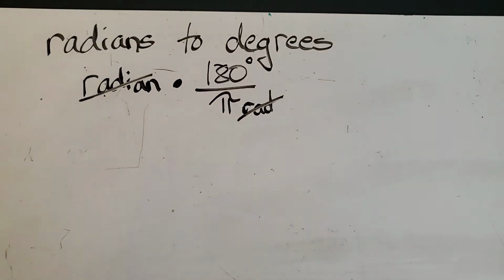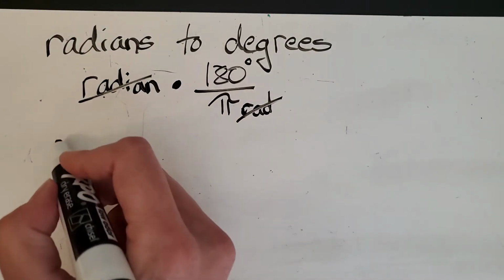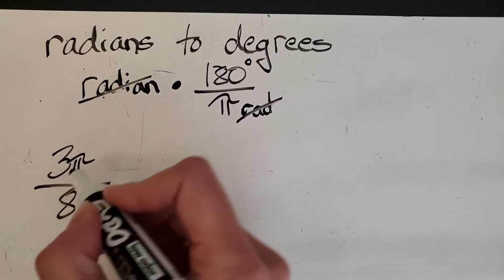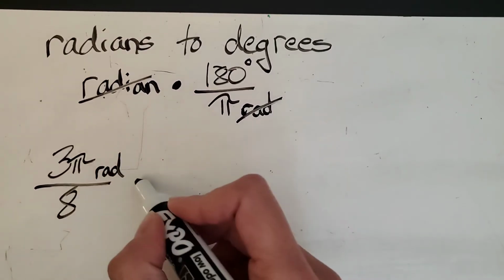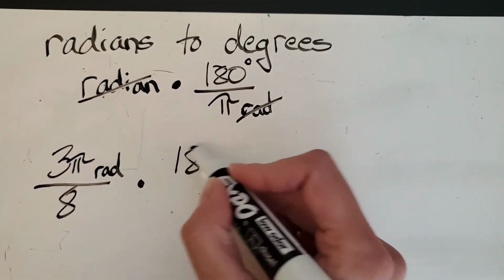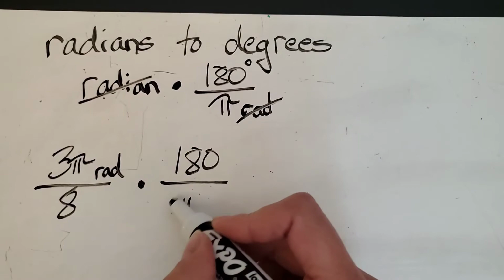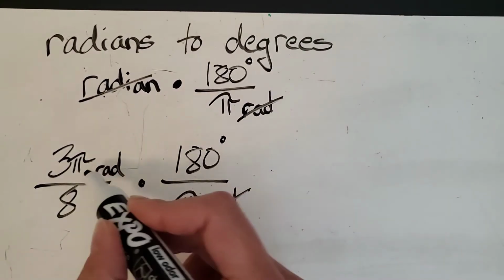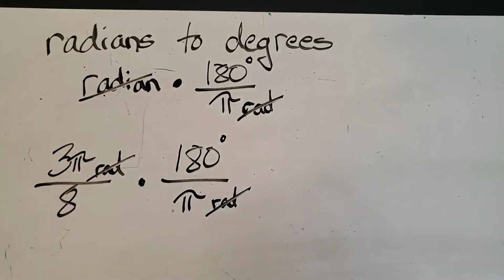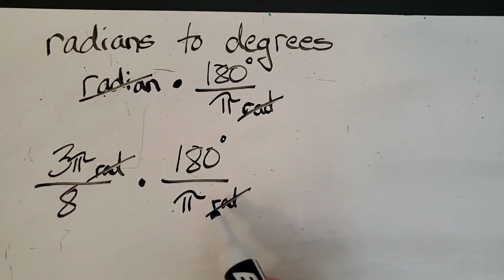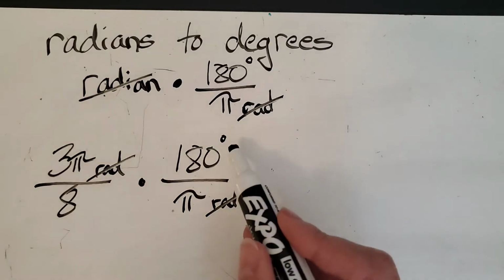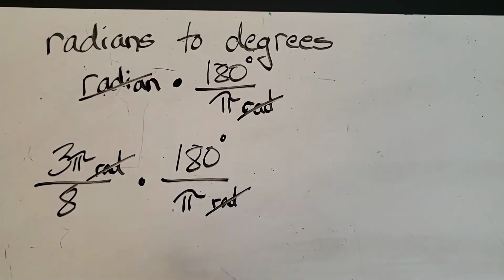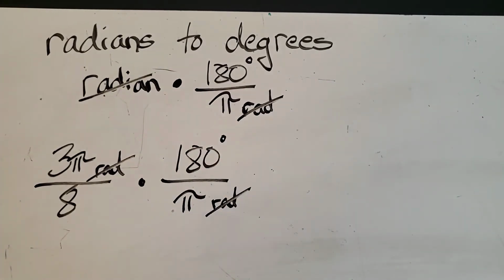So if I want to figure out how many degrees is 3 pi over 8 radians, I'm going to multiply by 180 over pi and see those radians cancel out. Whatever you want to be moving towards needs to be in your numerator so that the degrees here takes over.